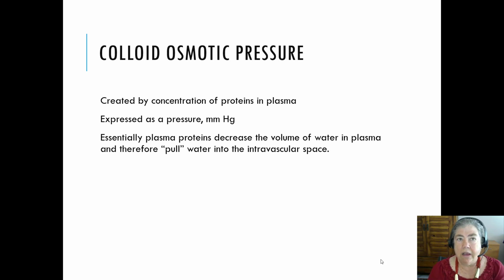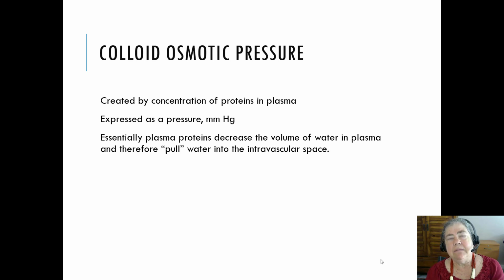And there are proteins that are made by the immune system that we call globulins or antibodies. So all of those proteins dissolved in the plasma create a pressure that we call colloid osmotic pressure. And you can think of it like this. It's not the same as osmolality, but it has a similar effect.